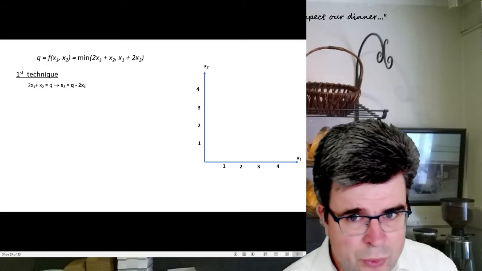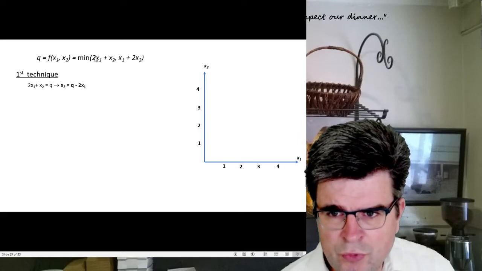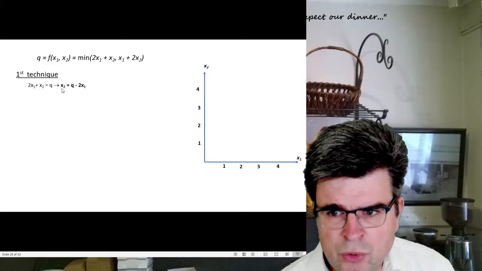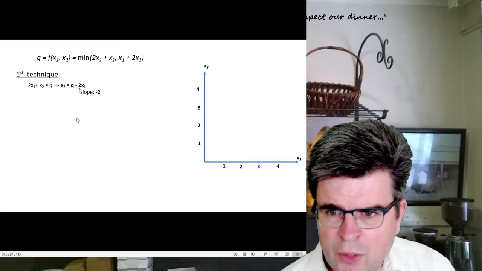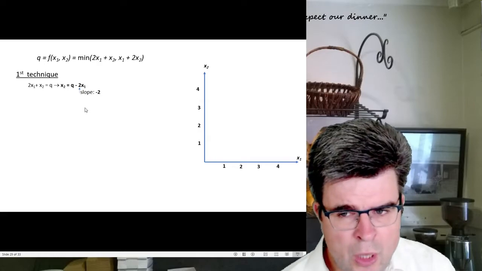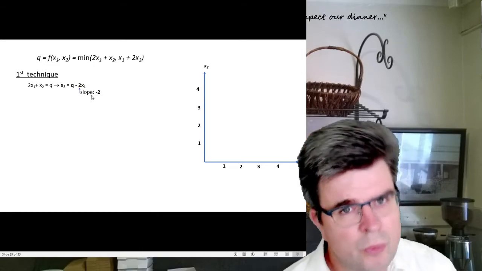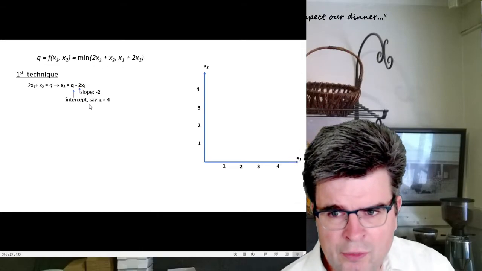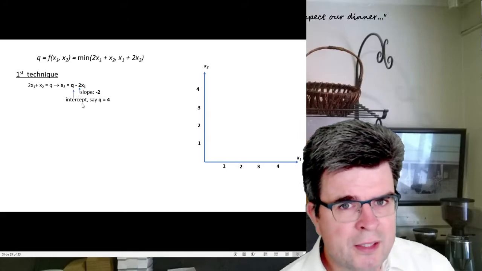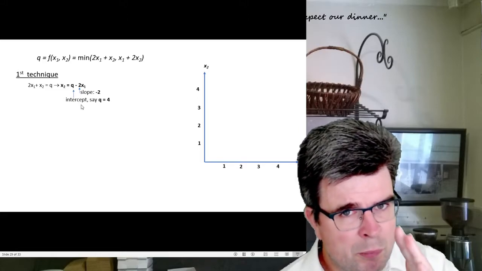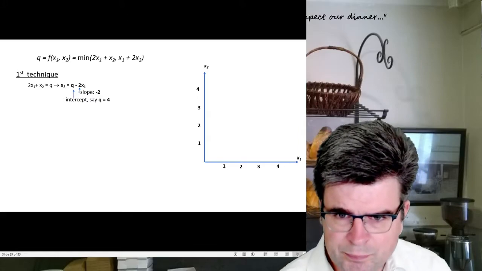Now, because x2 is on the y-axis, we first rewrite this first technique as x2 as a function of q and x1. And doing so, we note that the slope of the particular isoquant associated with this first technique is equal to -2. And we know that q then is the intercept, and as said, we will focus on a certain production level of 4 units of output.